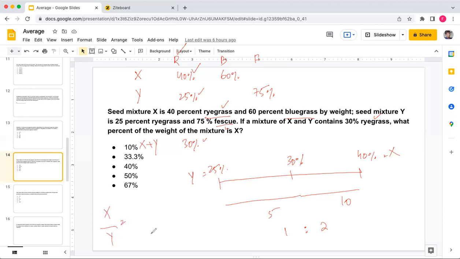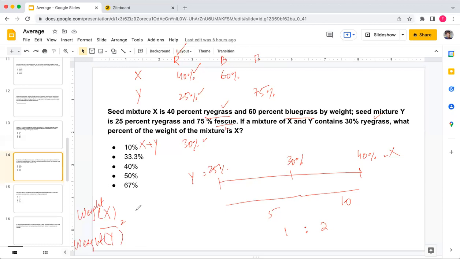Now, if I ask you what will be the value of X over Y? Can anyone quickly tell? Anyone? What will be the value of X over Y? In short, I'm asking what is the value of weight of X over weight of Y? Now, can anyone tell? 2 by 1.